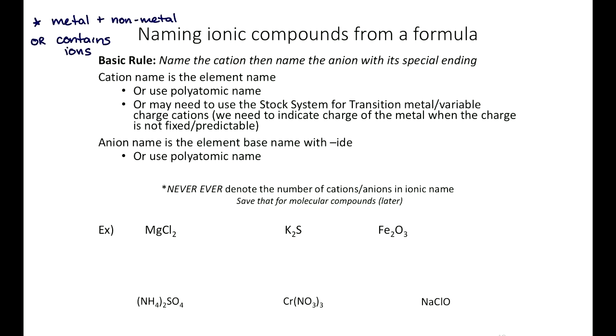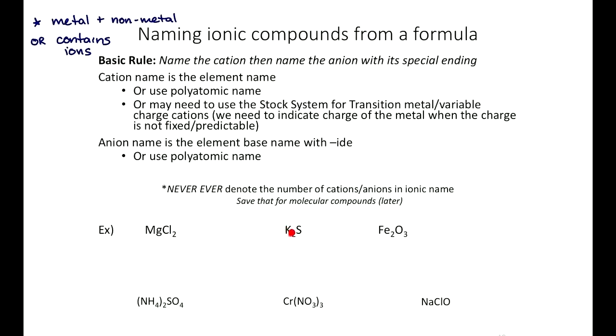Carbon monoxide, carbon dioxide. You know how we use those prefixes to mean like 1 and 2 and 3? Carbon trioxide, if that exists. We never do that for ionic compounds. You never have to say magnesium dichloride. That is wrong. You only ever say magnesium chloride.